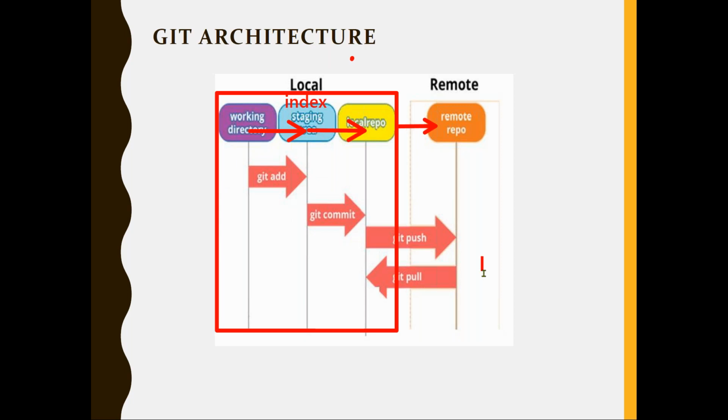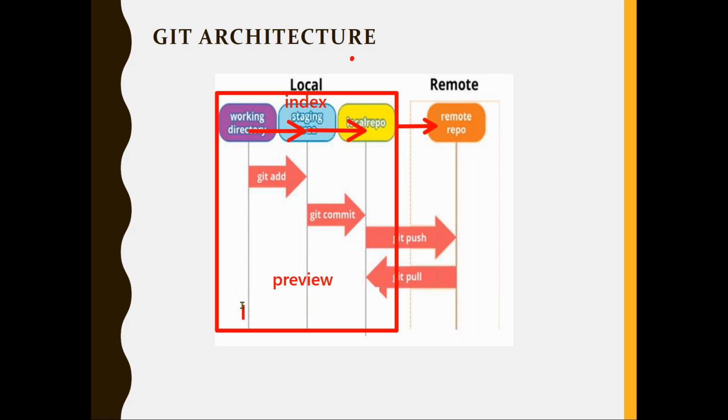This staging area works like a preview or pre-check before your changes go to local. You may say it is to have better control on what changes are going to local, what changes you want to move to local.